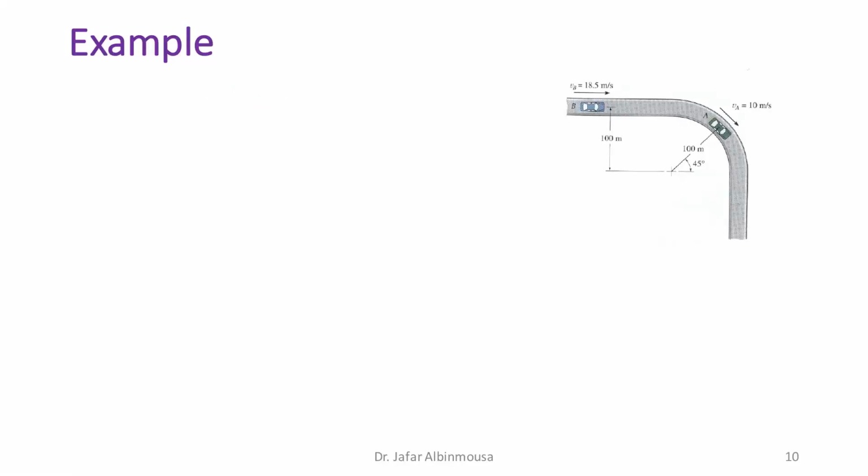Now, let's write down the acceleration equation. We will start with A, because A has two components: one tangential, one normal. In order to do that, we need to make a quick sketch over here. Let's say this is point A, and this is the curvature. The tangential component will go like this. This is AT, and we also have the normal component, AN.